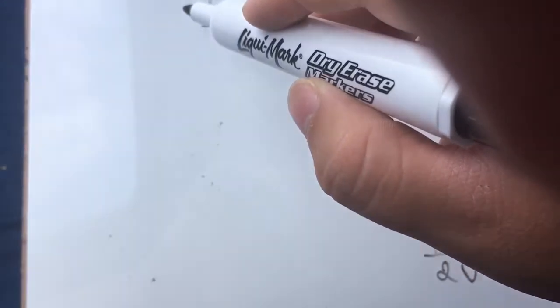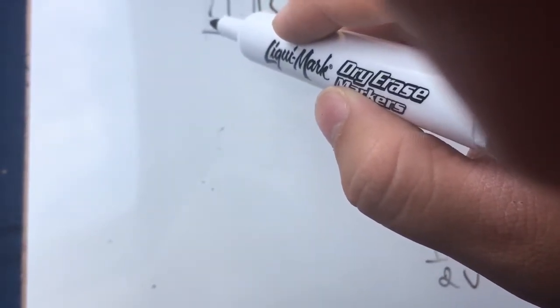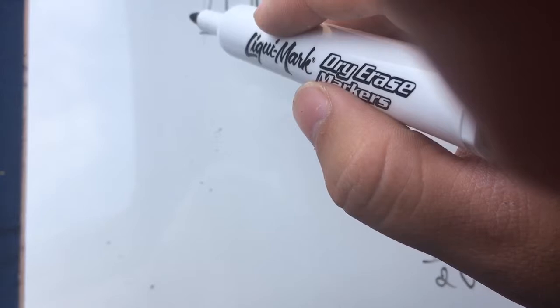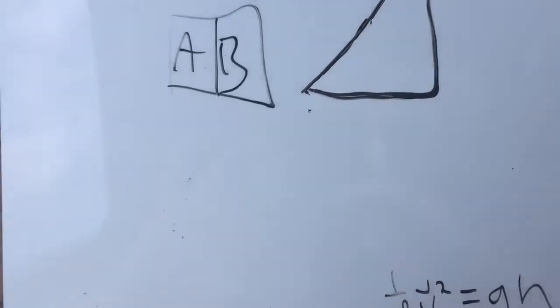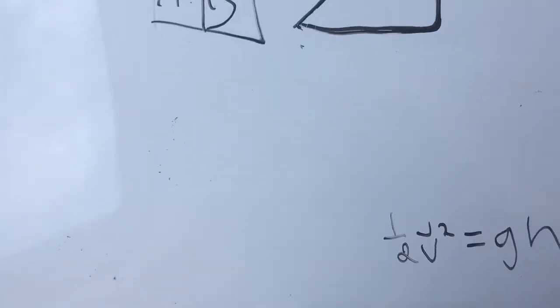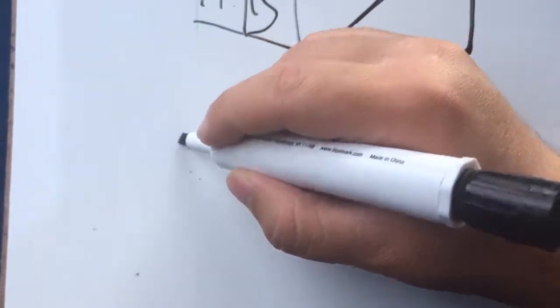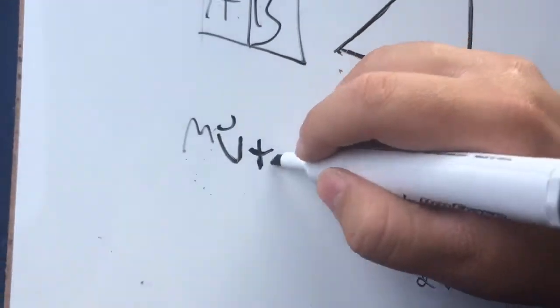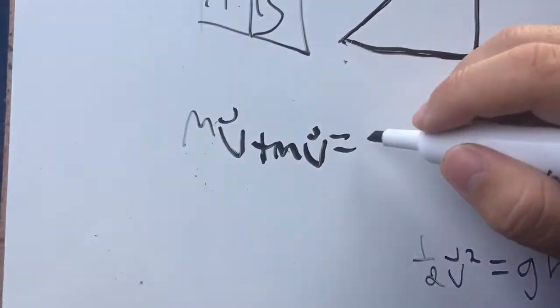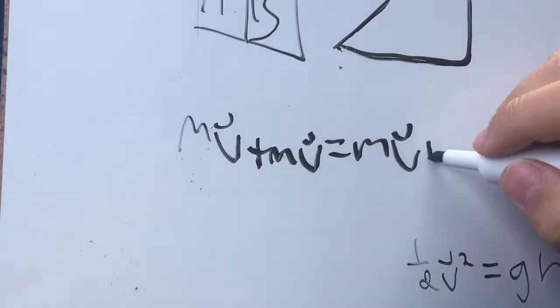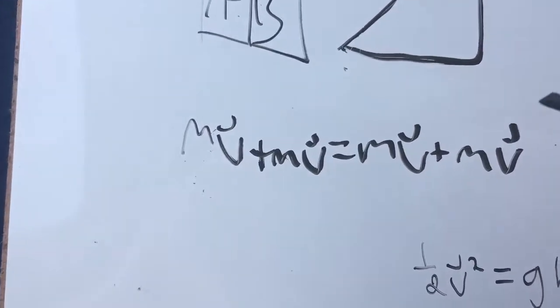That's the velocity where the collision between Block A and Block B in the second scenario, where Block A collides with Block B and they stick together, that momentum is conserved. My fingers got in the way, I'm sorry. And to write that conservation of momentum, that is mv plus mv is equal to mv plus mv.